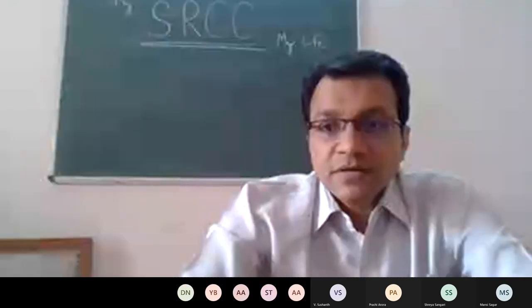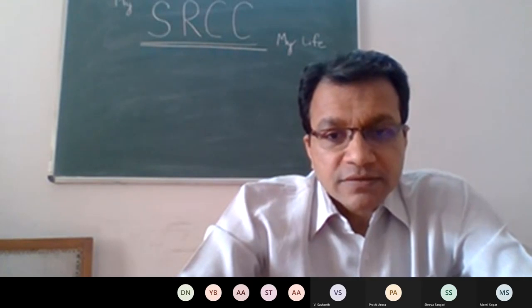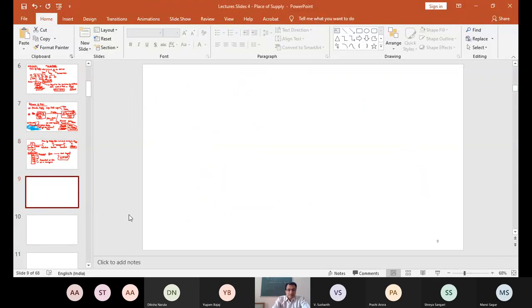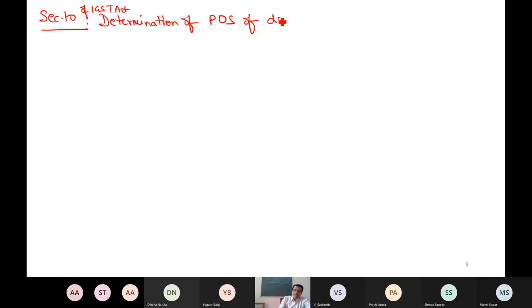Now this is the first part of Section 10 subsection 1. Let us start discussing technically, as an expert, the topic of place of supply. Section 10, determination of place of supply of IGST, in case of domestic supply of goods.